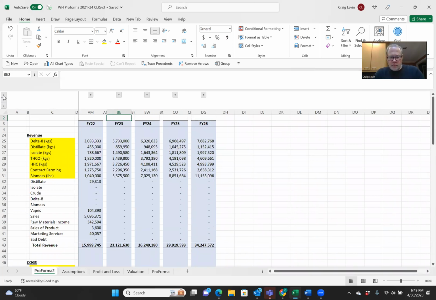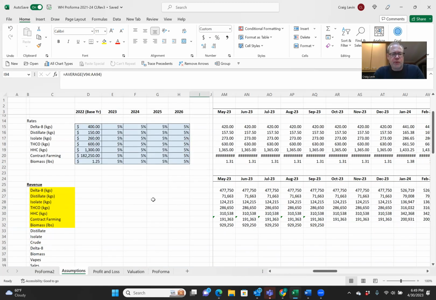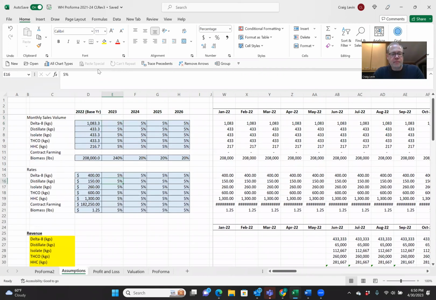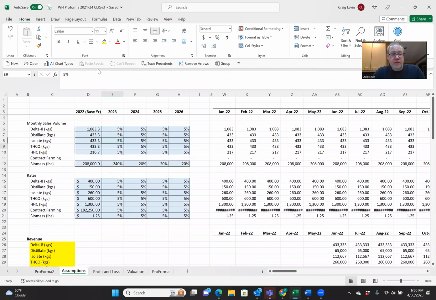Well, if you're changing the scenarios that your business is going to move forward with, such as we're not going to have an increase of 5% year over year in our price for delta 8, or for distillate kilos, let's say, it's going to stay flat.